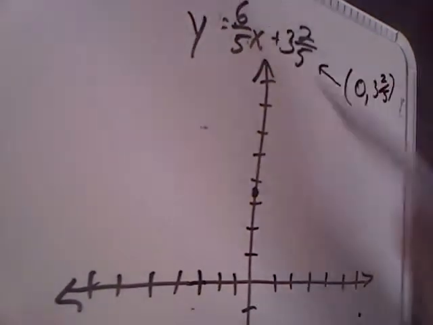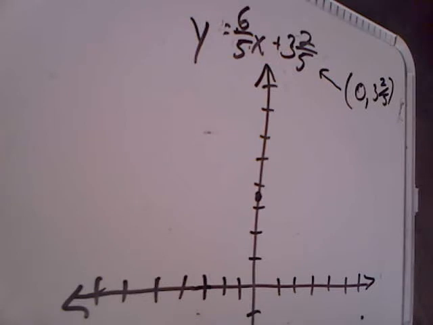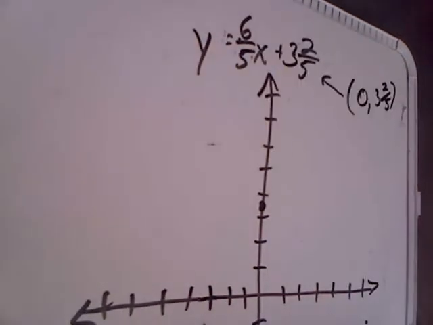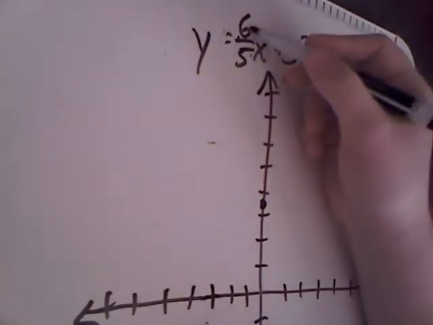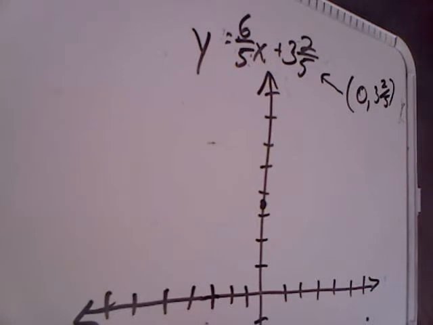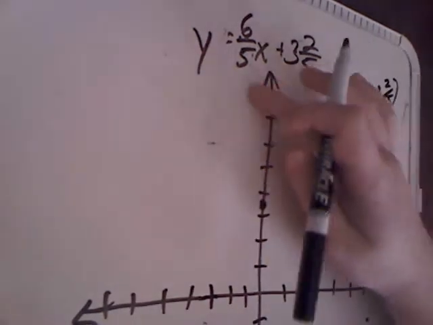This right here is our slope. This is going to tell us how much we are going to be running and jumping to graph out our point. So we're going to take this as rise over run. I'm going to rise 6 and run 5, and we're going to have another point.